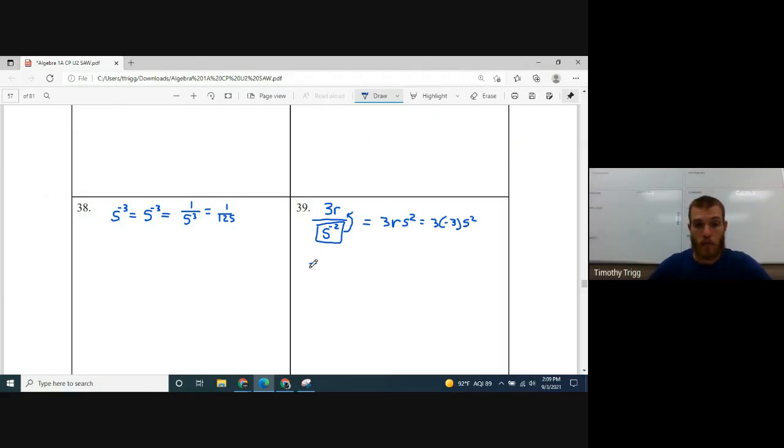So this would be 3 times negative 3 times 5 squared is 25. And then let's go ahead and multiply these together. 3 times negative 3 is negative 9. Negative 9 times 25 is negative 225.